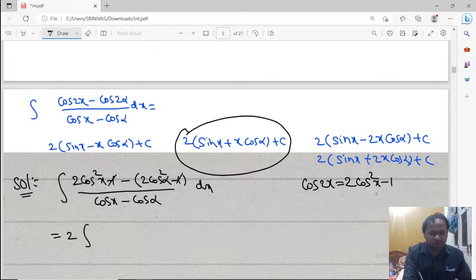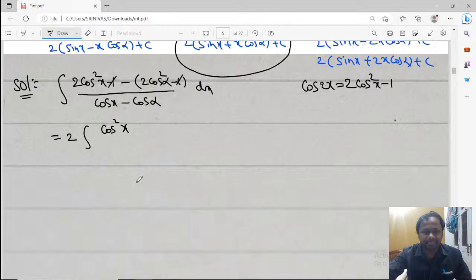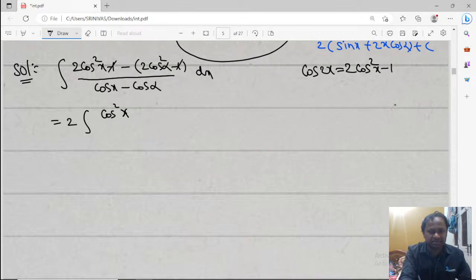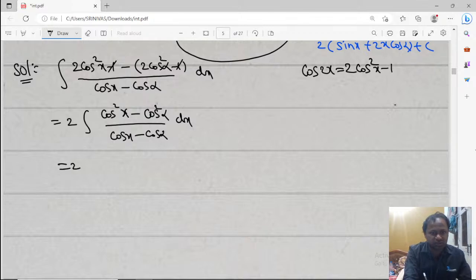Now I will write 2 outside. What we get? Cos square x minus cos square alpha divided by cos x minus cos alpha into dx. So 2 integration of, it is in the form of a square minus b square formula, a plus b into a minus b.